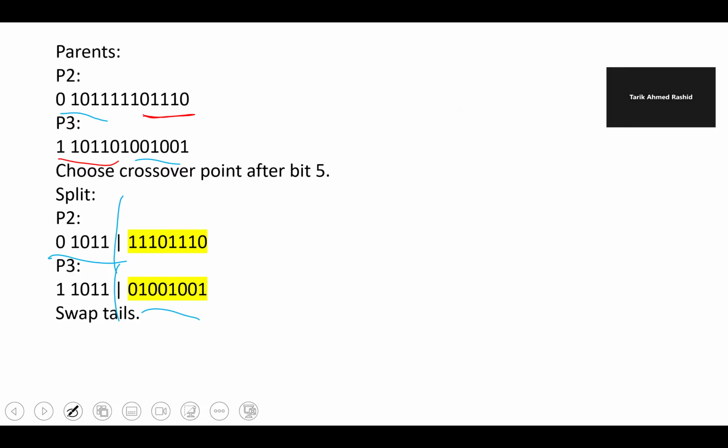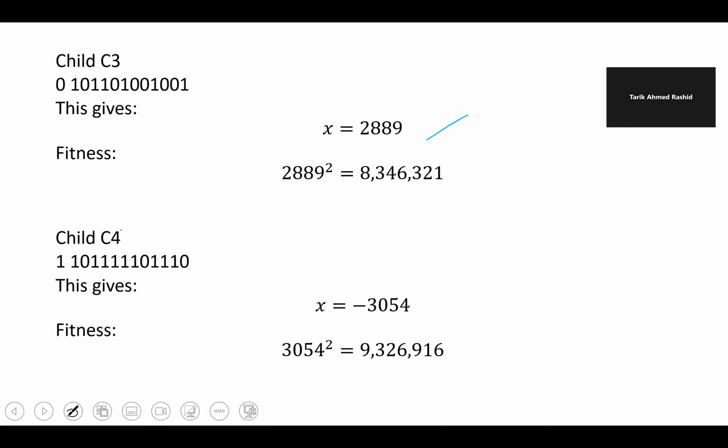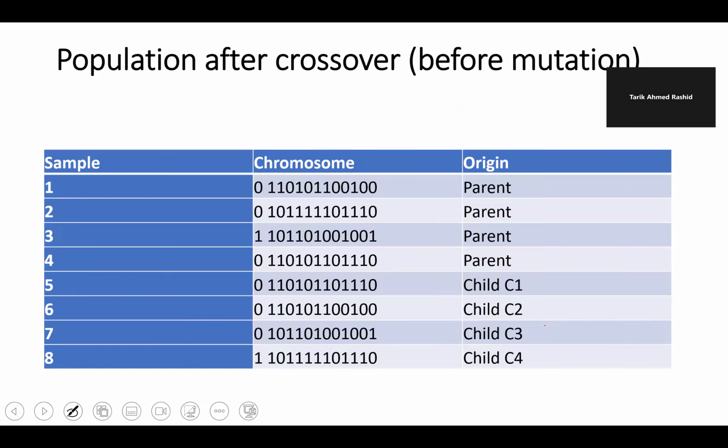That's how we are working with them if these are the crossing points. Here we have the fitness for child 4 and child 3 from the result of the crossover operations. Now here we have the result: parent 1, parent 2, parent 3, parent 4, and we got 4 children.